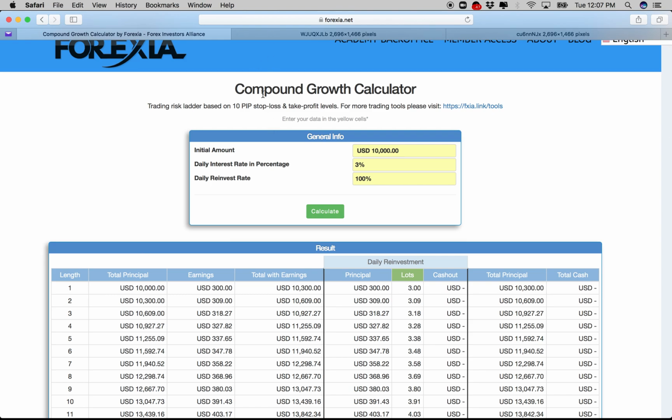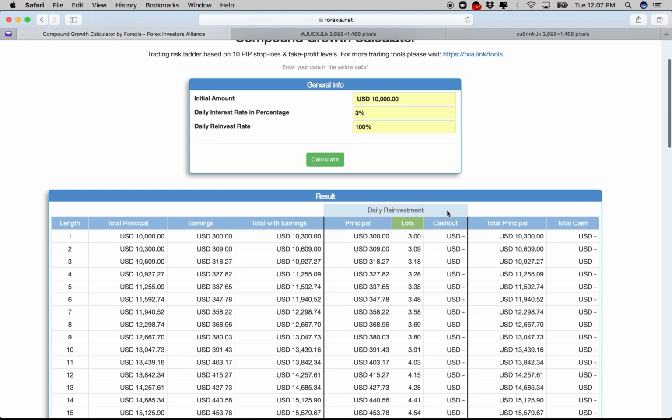Now, this is based off of a 10 pip take profit system. Basically, every 10 pips you take profit. So, for example here, we are risking 3% on a $10,000 account. That would be equivalent to risking 3 lots at a 10 pip stop loss or 10 pip take profit level.